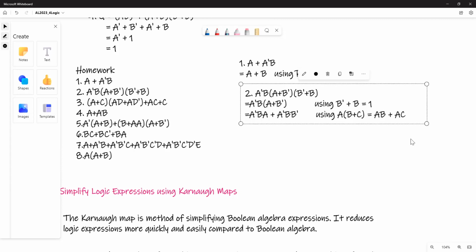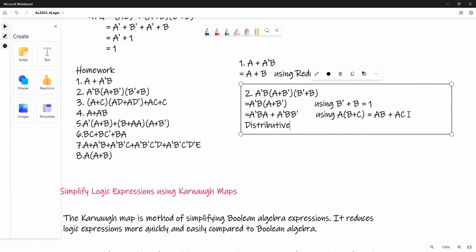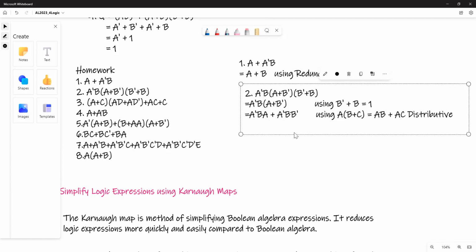Or else you can write down the equation like this. We know that this is the distributive law, so instead of writing this out, you can say it's the distributive law. You can write like that if you want.